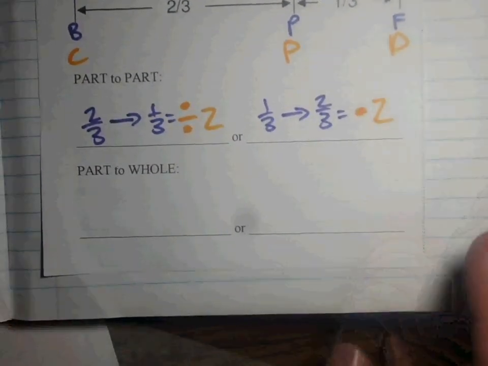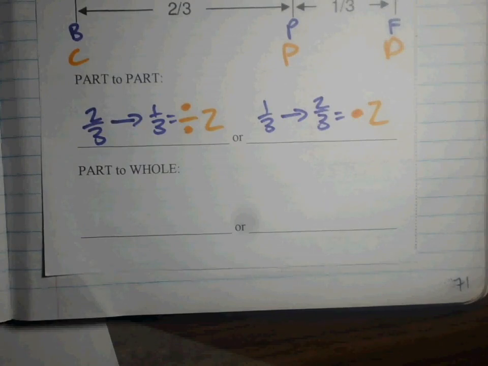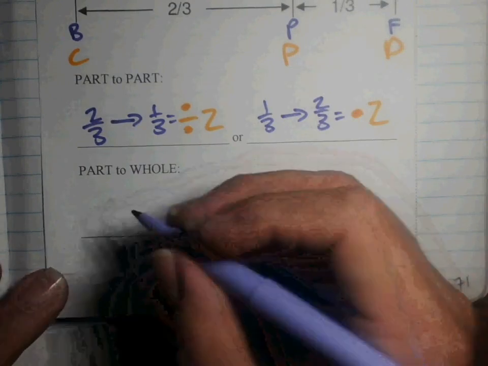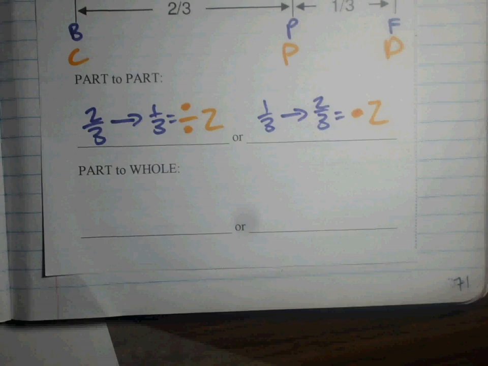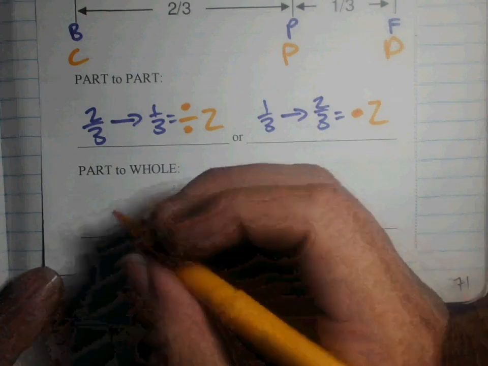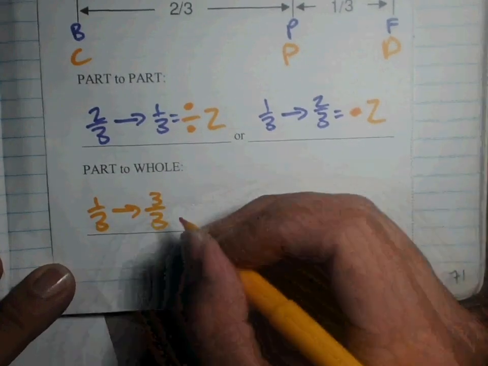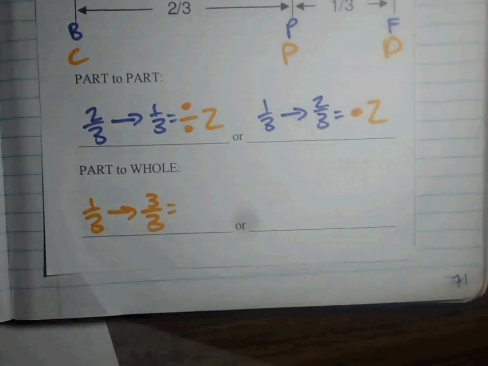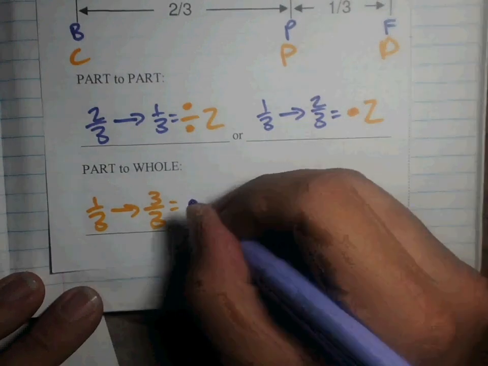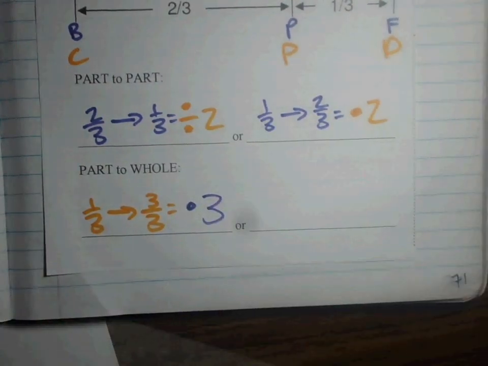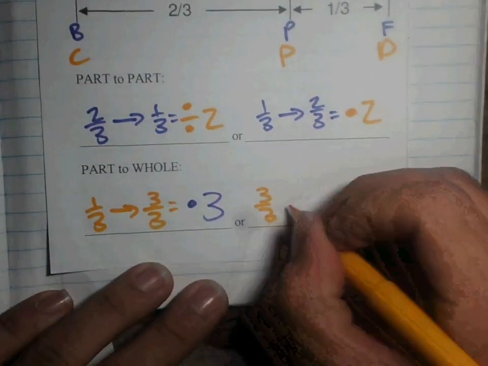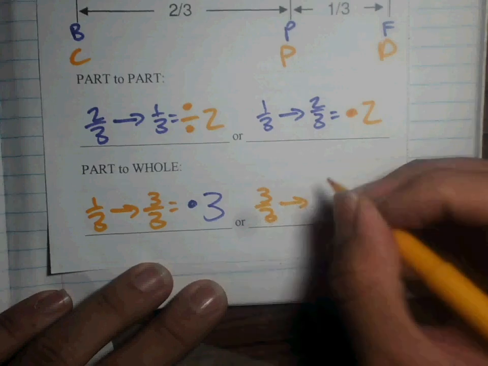And the parts of the whole help too. If you have the 1/3 piece and you're trying to get to the whole, which is 3/3, you multiply times 3. Whereas if you have the whole 3/3 and you're trying to get to a piece, you divide by 3.